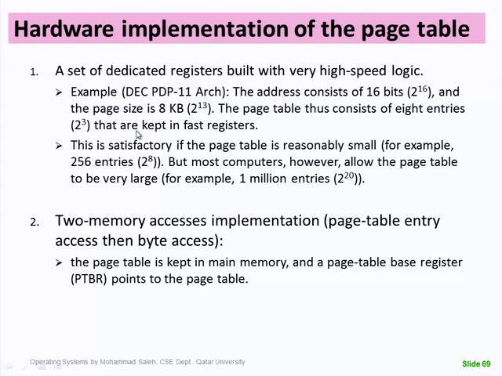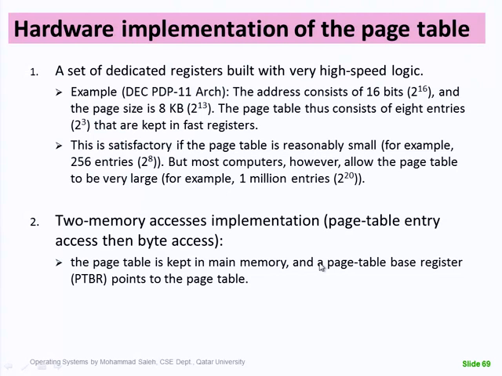If the page table has only 8 entries, I'll use these registers, no problem. But if it has more, this won't work for me. So this is the fastest implementation ever, registers, with very fast access. However, this isn't really satisfactory for most processes, which would need much more than that. This is an example of it.